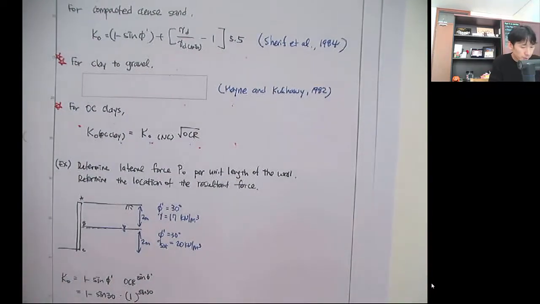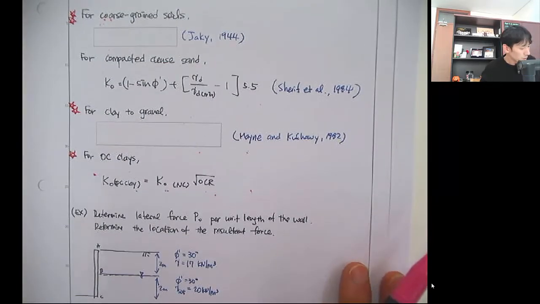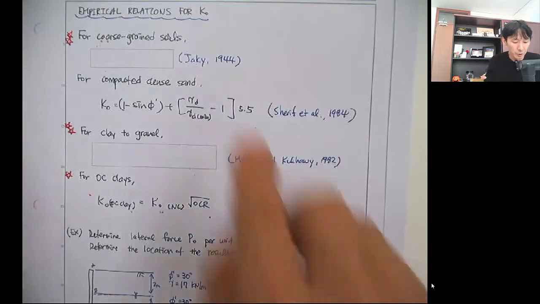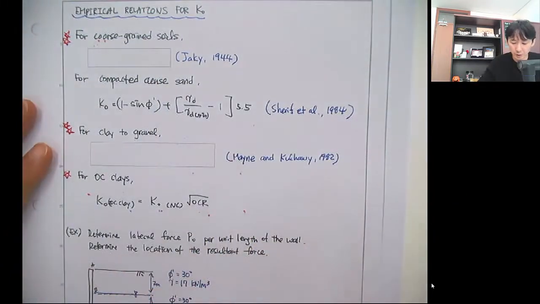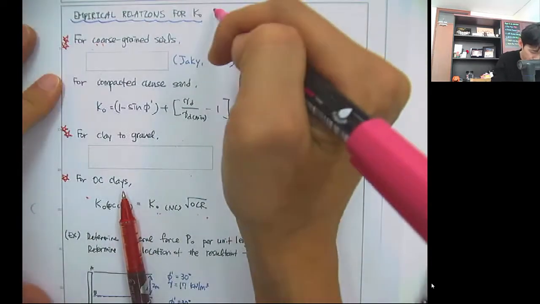Then let's look at some empirical relations for K0. So this is the coefficient of lateral earth pressure at rest. This is for the case at rest.